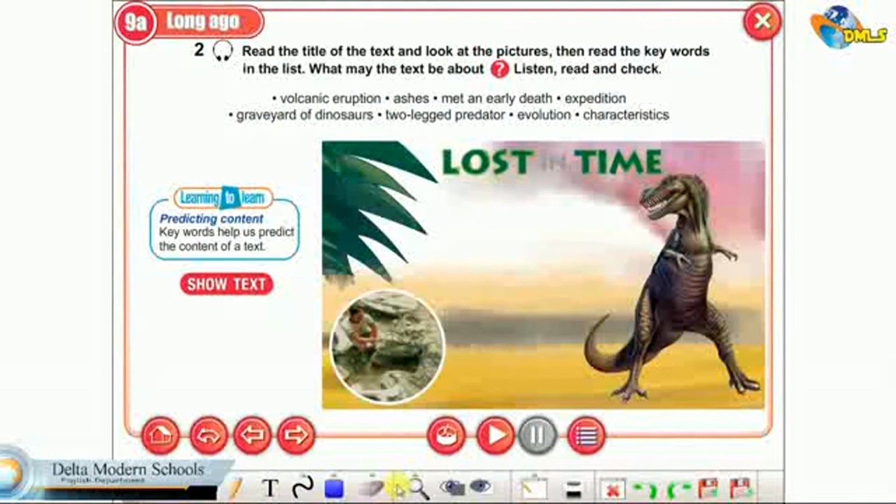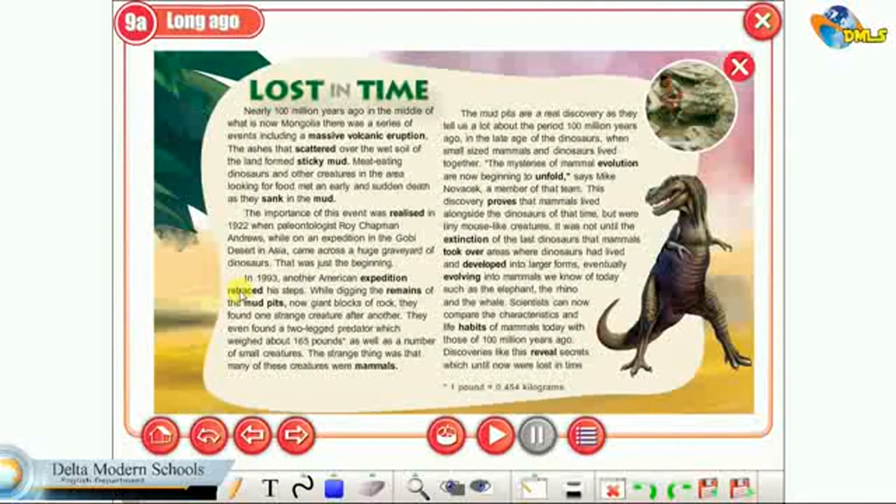Now, you are going to have 2 minutes to read the text carefully to answer these questions. Are you ready? Go. Don't forget to highlight difficult words while you are reading.